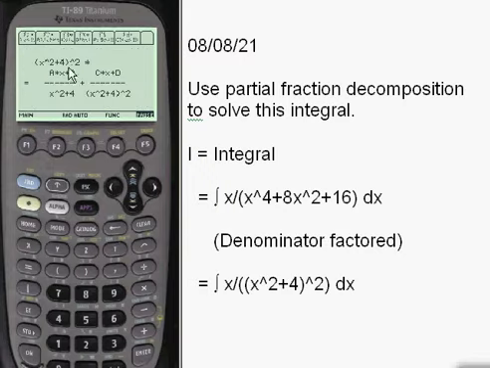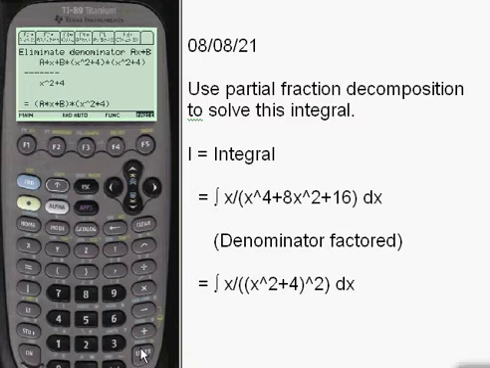So here we're multiplying the factored denominator times the partials which we set up here. Anytime there's an x squared, you put ax plus b, and then cx plus d for the second partial. Eliminate the denominator.